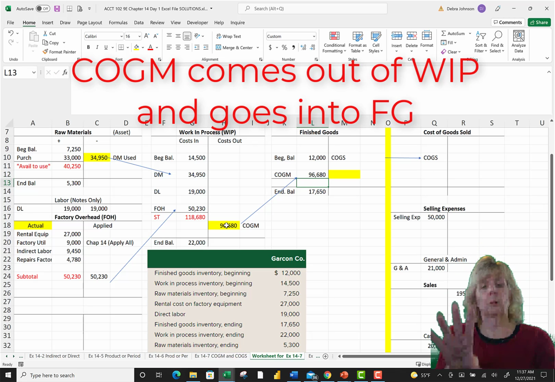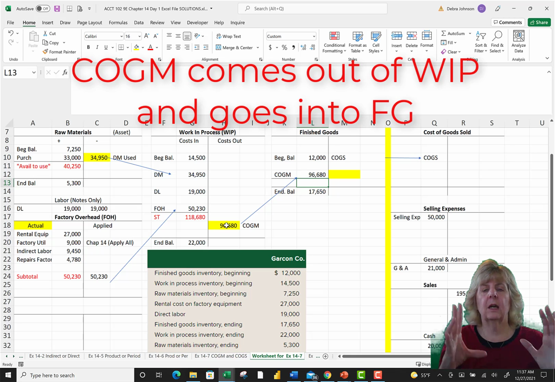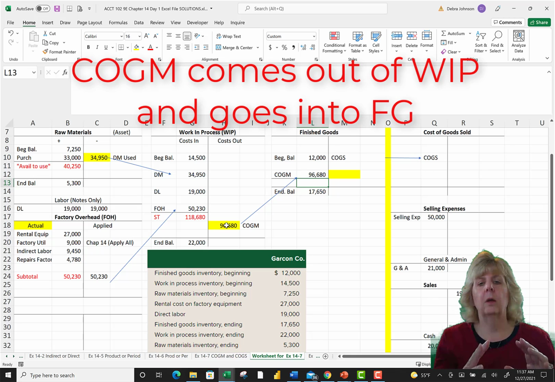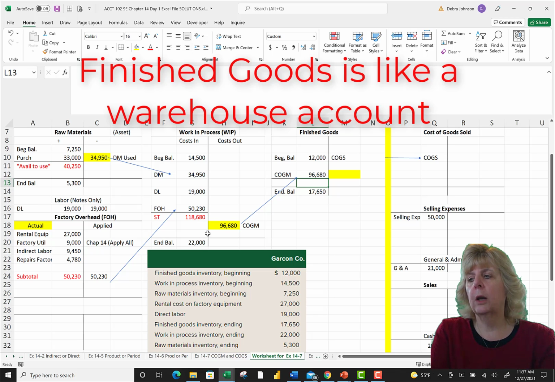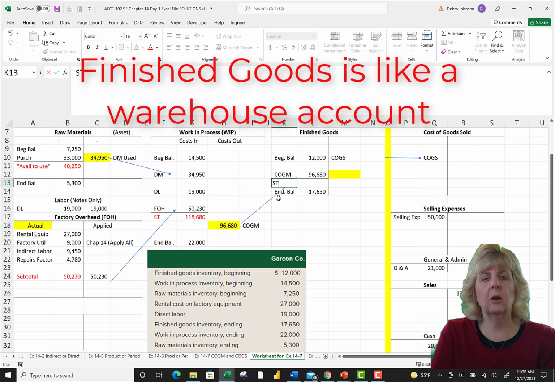we're sitting here with this, again, I use the analogy of a warehouse account. Here's where all the goods that are finished and ready to be sold to customers are hanging out. So what I'm going to do now is I'm going to foot or subtotal this finished goods. So let me put ST here for subtotal. I'll make it red so it stands out.